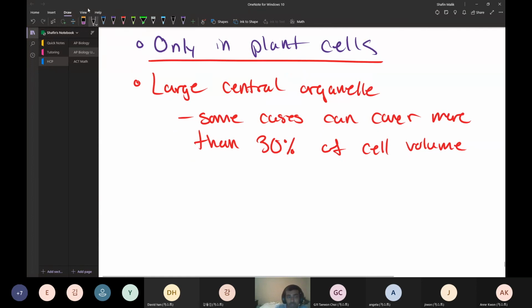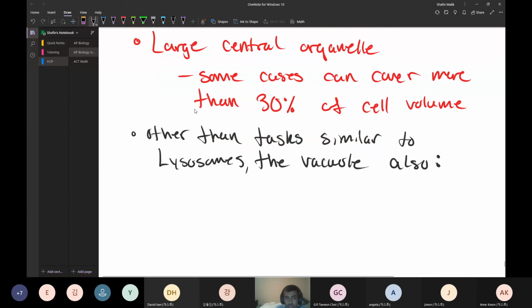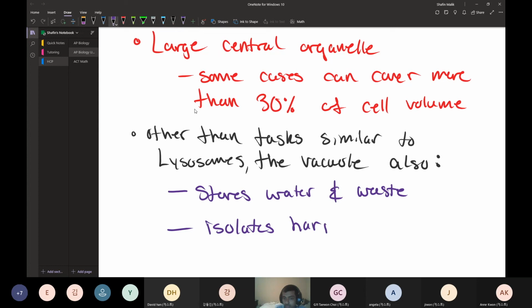In addition to working like a lysosome, so other than tasks similar to lysosomes, the vacuole also stores water and waste and isolates harmful substances.